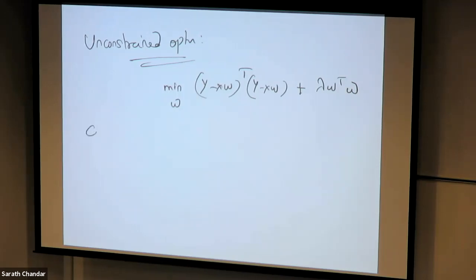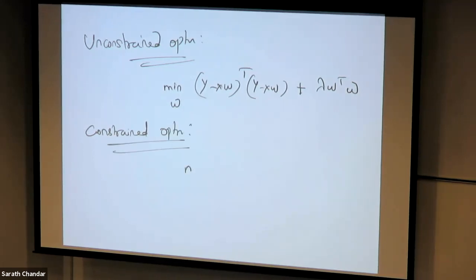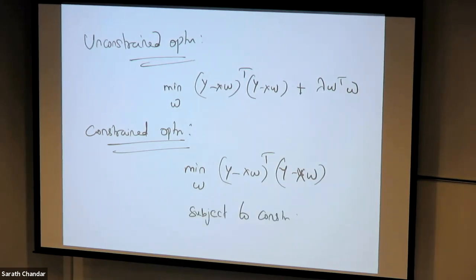Now, there is an equivalent constrained optimization formulation where you will minimize the loss (Y minus XW) transpose (Y minus XW), subject to some constraints. Okay, the constraint is W transpose W should be less than or equal to some eta.